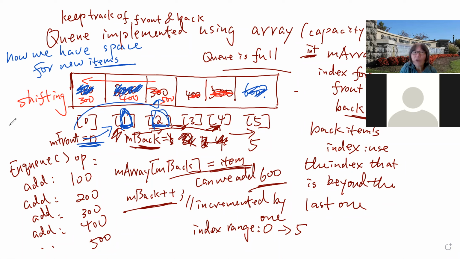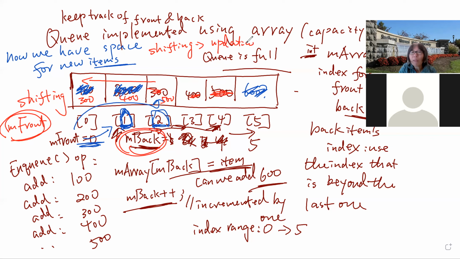After shifting, each time you do shifting, the front is going to be updated. So when we do shifting, it involves updating both m_front and m_back.